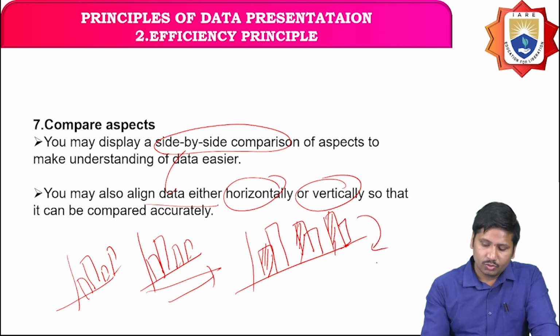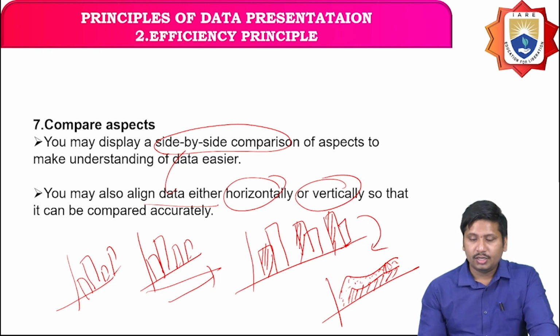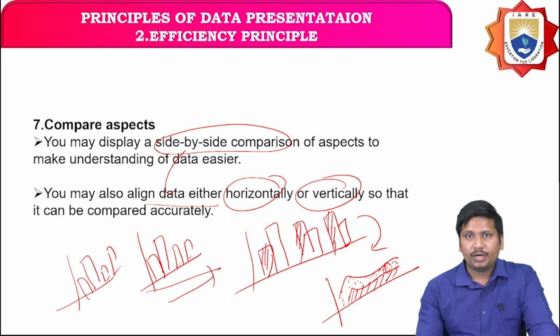And this can again be represented in the form of a three-dimensional bar, which makes the comparison such that I can know how much difference there is very clearly. So these things are very important. Try to know these aspects of the 7 principles of efficiency.